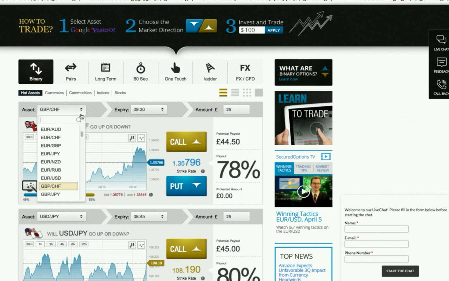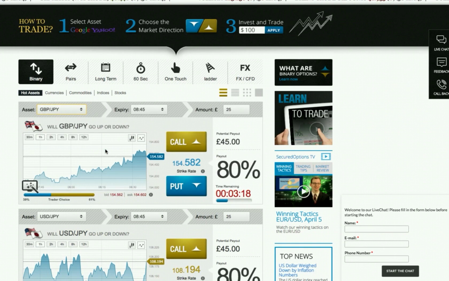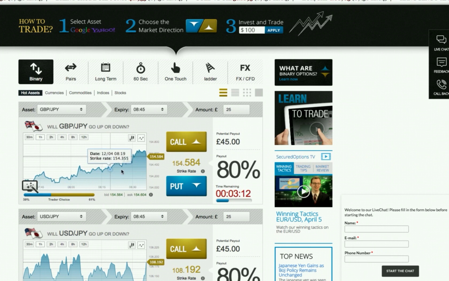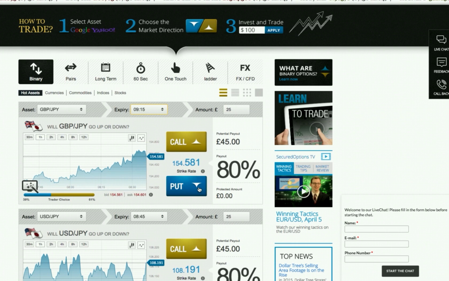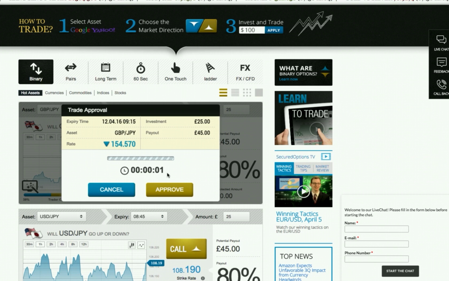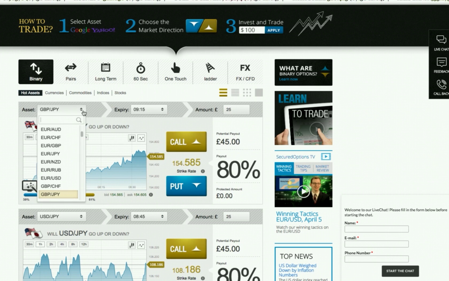Okay, sterling again against Japanese yen. Also, I am going to take a put. Give me a second, let me make sure. No, we want this to go 9:15. And I take a put. And another sterling.